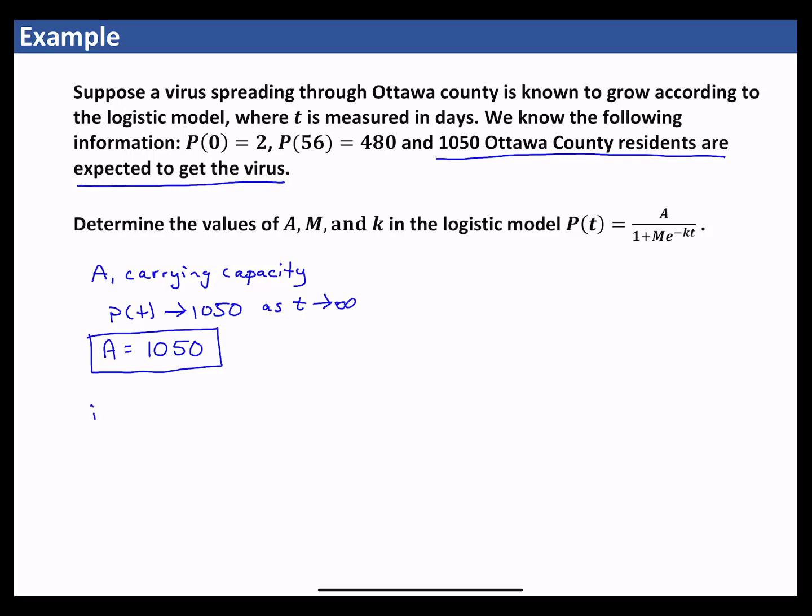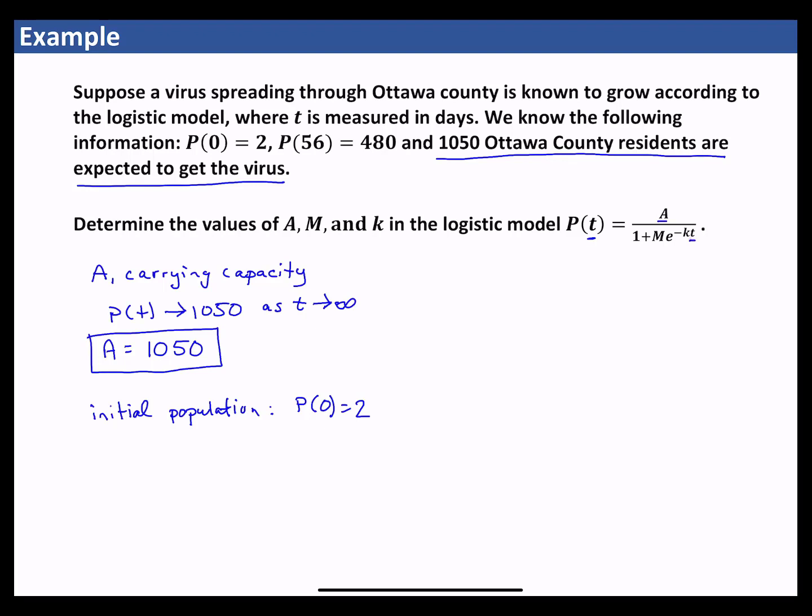We also know that our initial population for the virus is 2 people, because we know p of 0 equals 2. So if we let t equal 0, we already know a is 1,050.